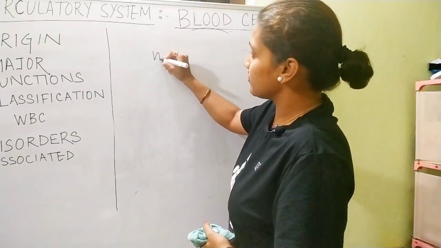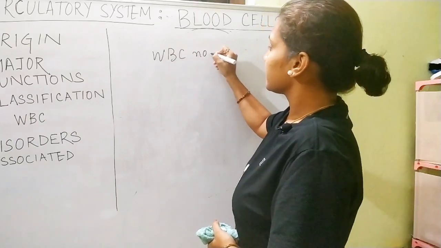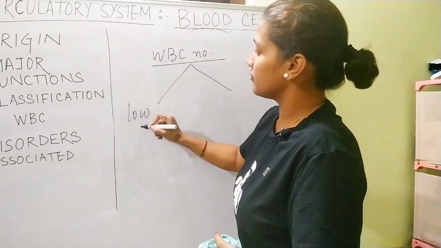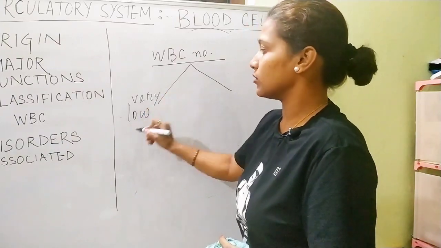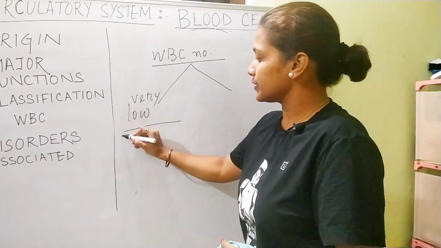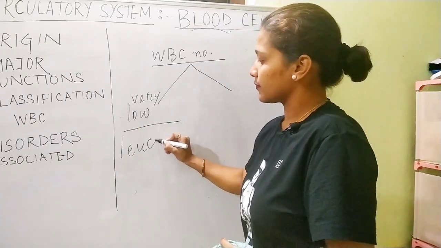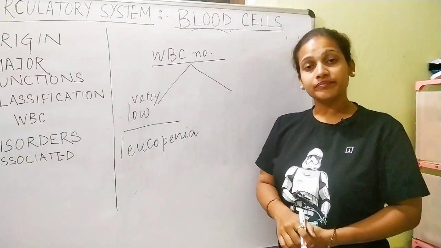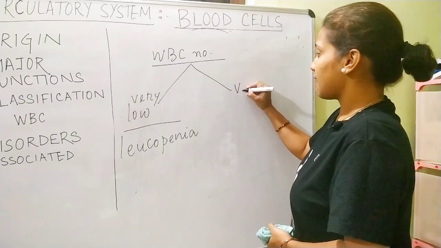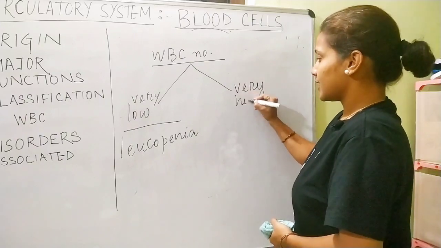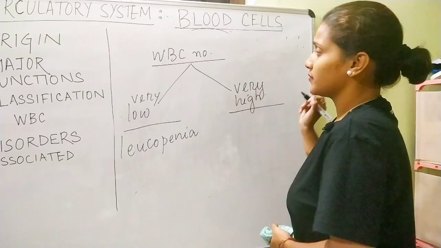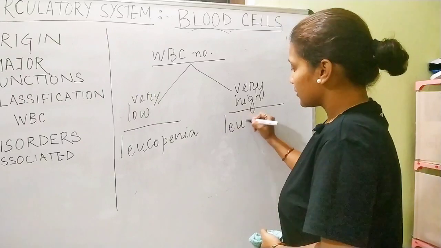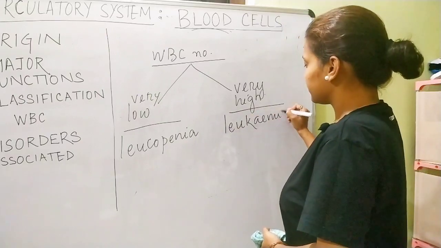Again, if the WBC number is very low, we call it leukopenia. If it is very high, it is a case of, you can say, a cancer stage, which is called leukemia.